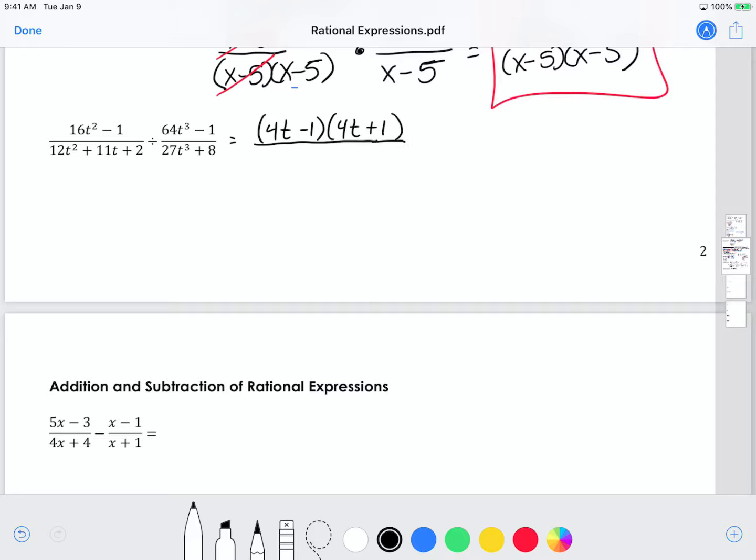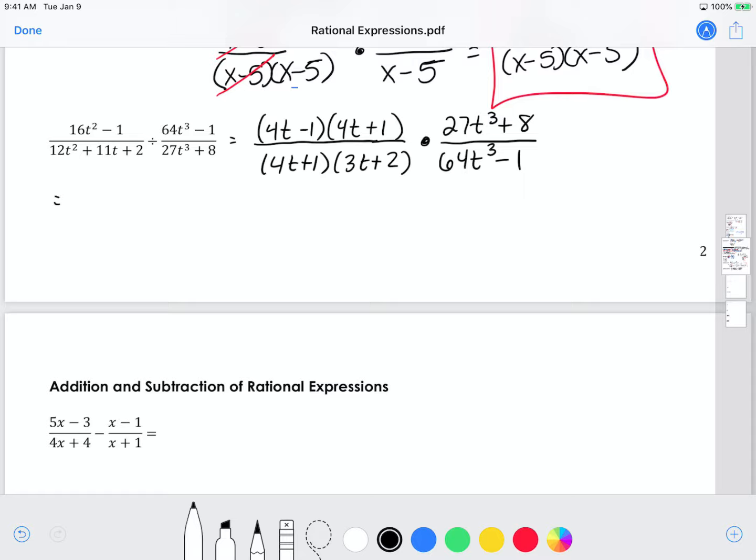In the denominator, I can factor 12t squared plus 11t plus 2 as 4t plus 1 and 3t plus 2. Now I need to multiply by the reciprocal of the second fraction, which would make it 27t to the third plus 8 on top, and 64t cubed minus 1 in the denominator.